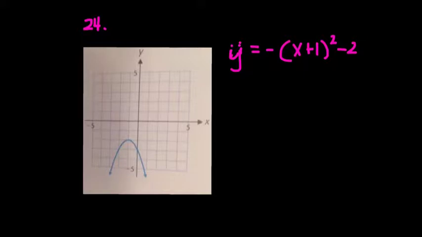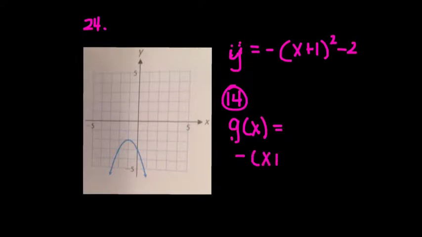And these elements together match up with number 14, which is g of x equals the opposite of x plus 1 quantity squared minus 2.